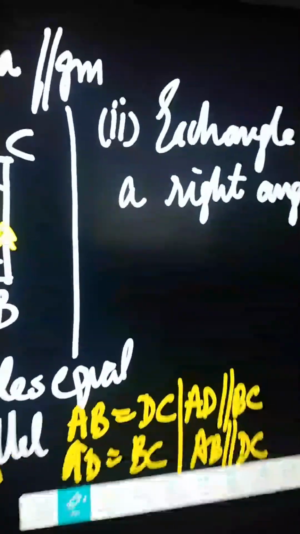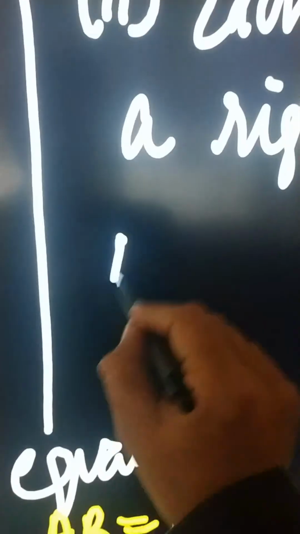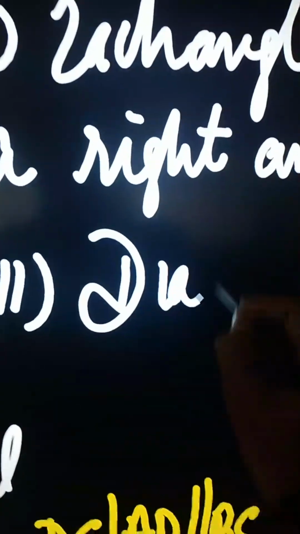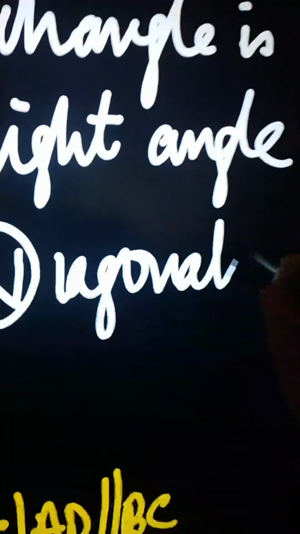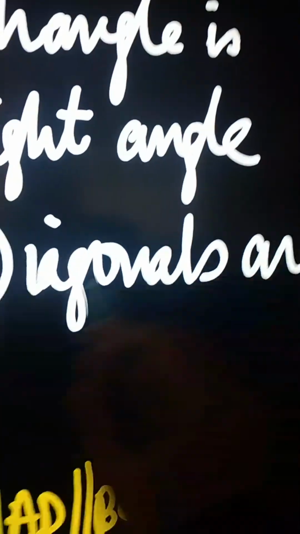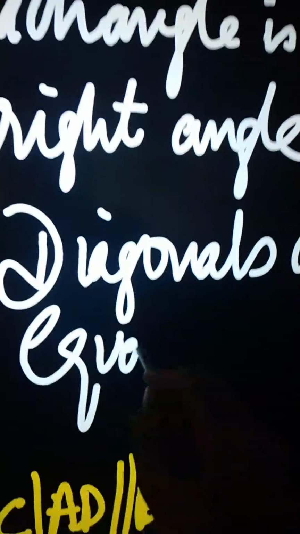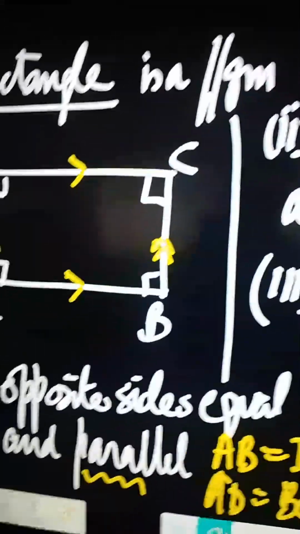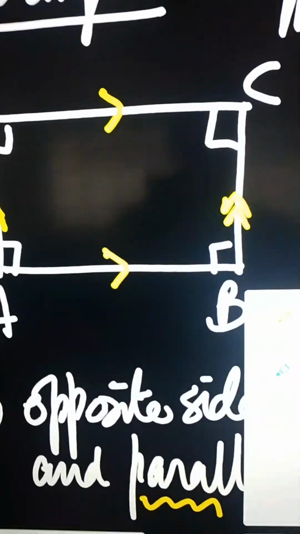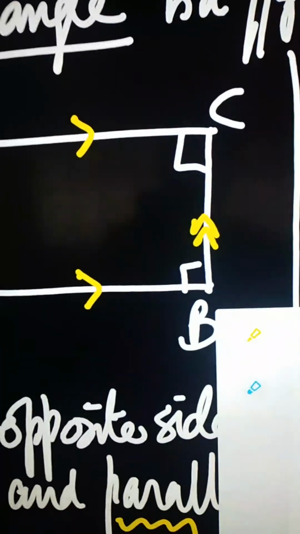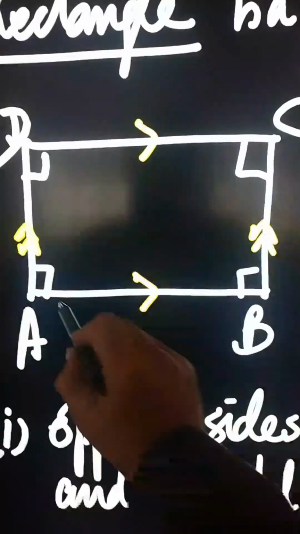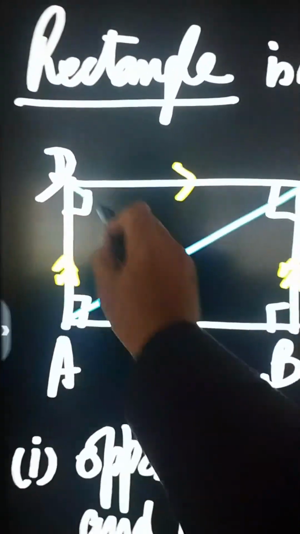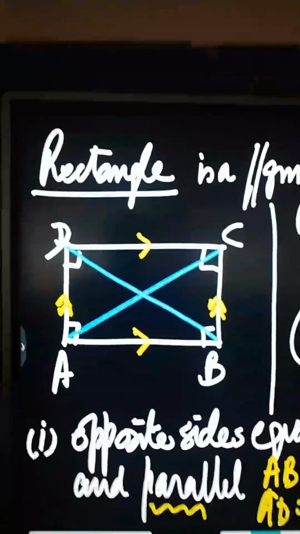Next, the third important property of a rectangle: its diagonals are equal. Diagonals are equal means if I join AC and I join BD, they are equal.